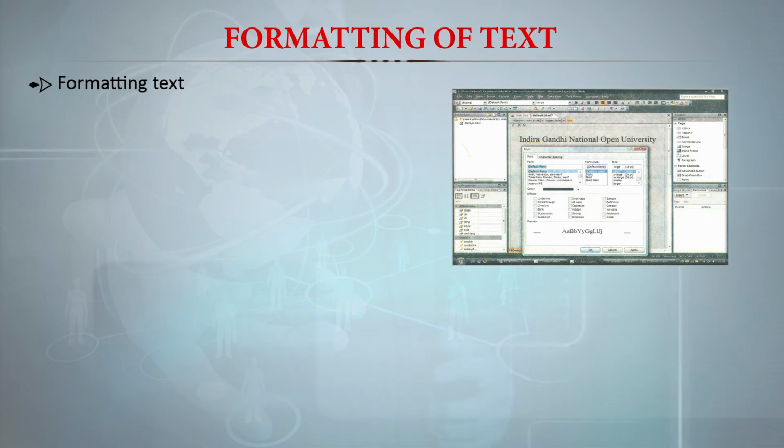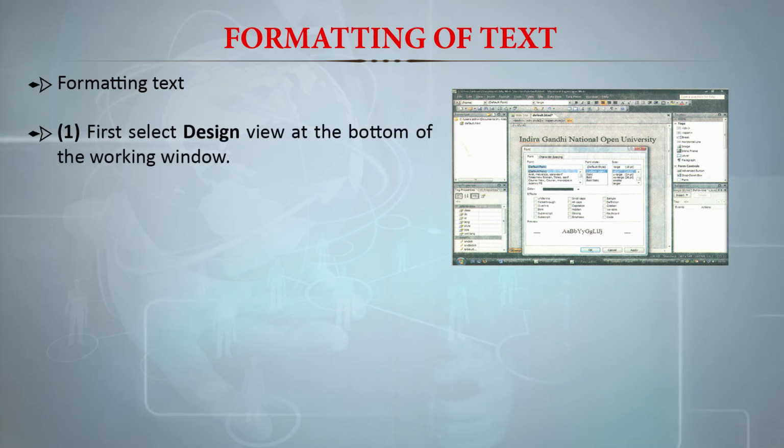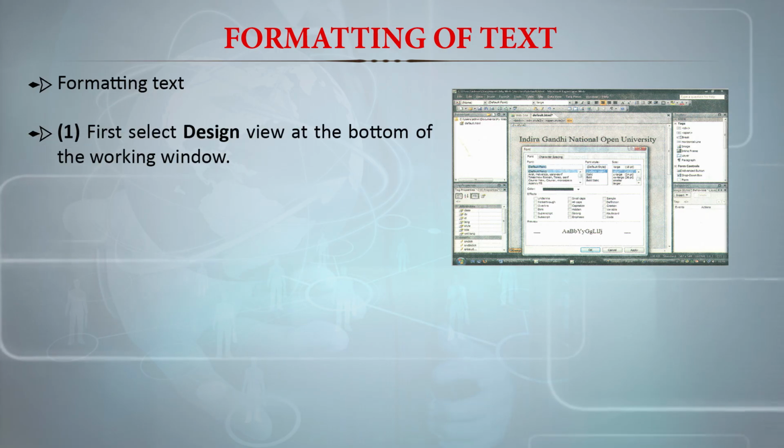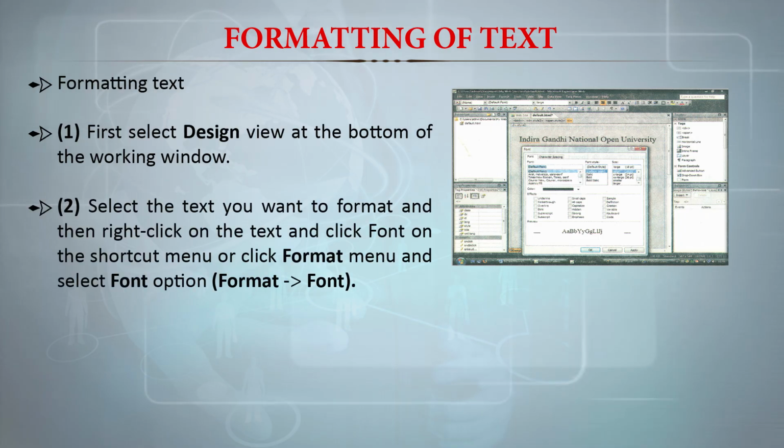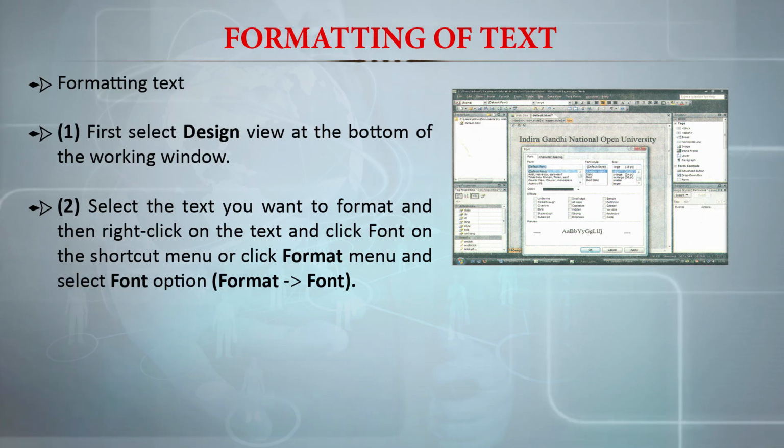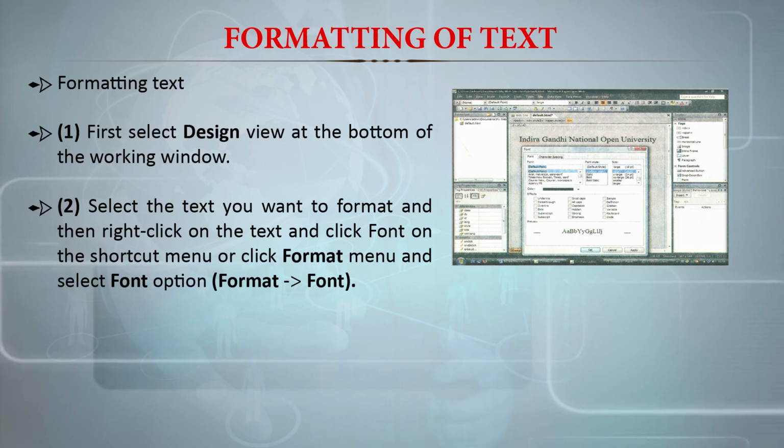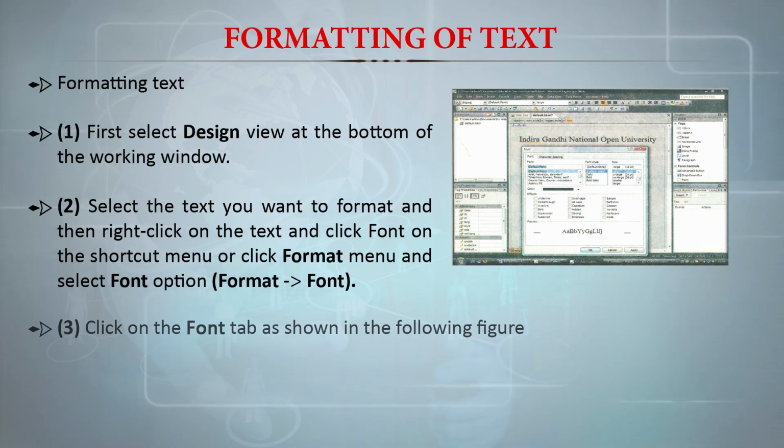So we can also format the text, and the process is that first we have to select the design view at the bottom of the working window, select the text we want to format, and then right click on the text and click font on the shortcut menu, as well as click the format menu and select the font option. Click on the font tab as shown in the image.